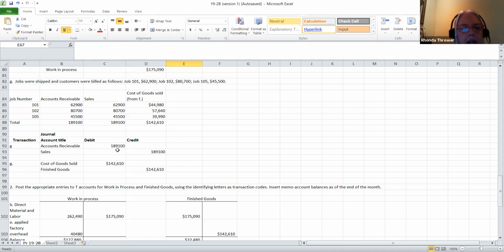We would debit that because accounts receivable is an asset account, and to increase an asset account, you will debit. Accounts receivable would be debited. The sales, which is a revenue account, is also increasing by the total amount that you shipped and billed, which was $189,100.